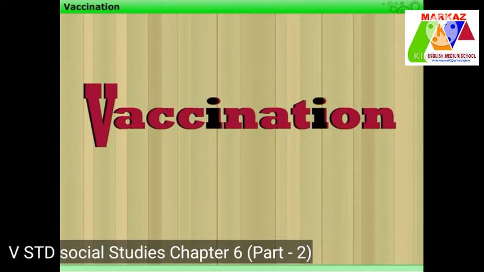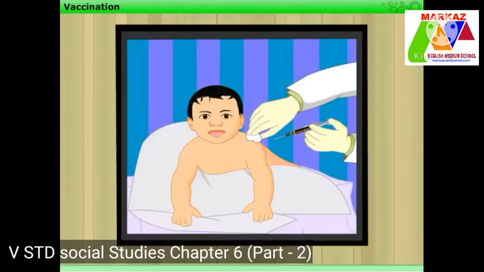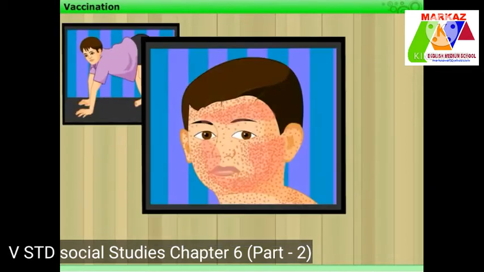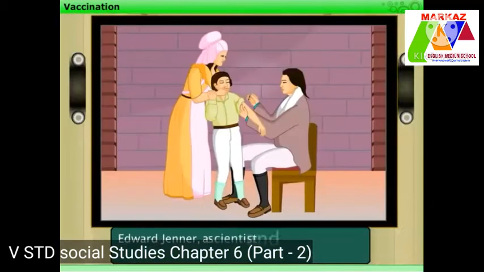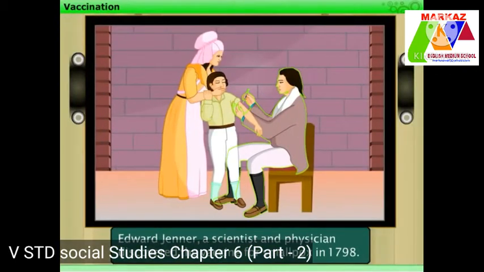Vaccination. During childhood, children are given injections to protect them against several diseases. Some common diseases in children are polio, measles, chickenpox, etc. Do you know Edward Jenner, a scientist and physician, discovered the vaccine for smallpox in 1798.